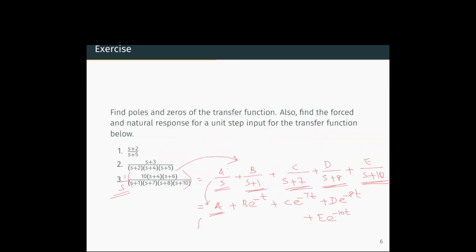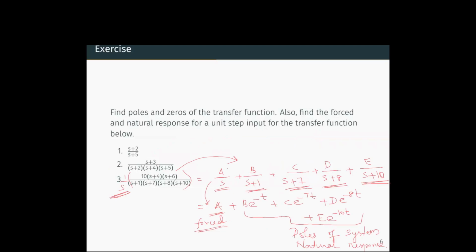So this is the forced response. It is due to the step input that we are giving to the system. The other part is due to the poles of the system, and those contribute to the natural response of the system. So this is how we identify the forced response and the natural response of a system.